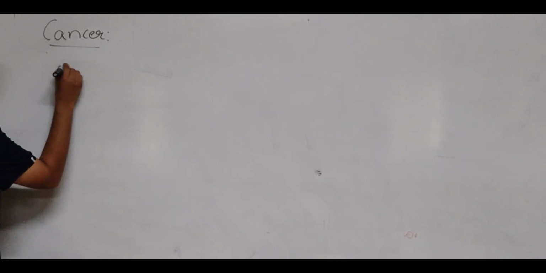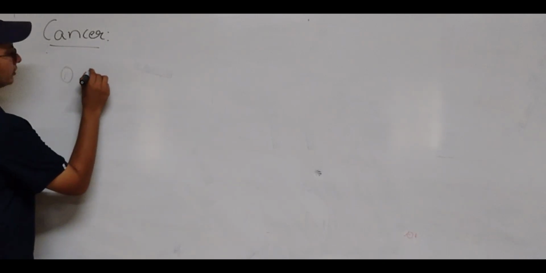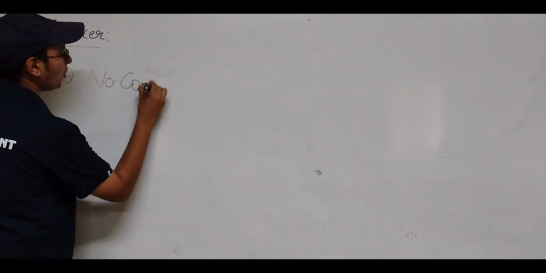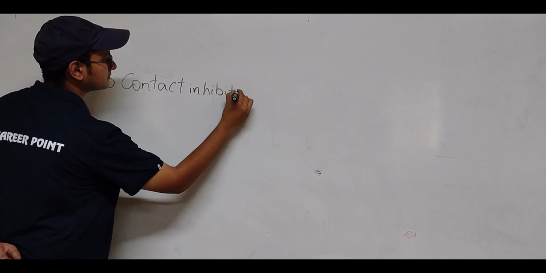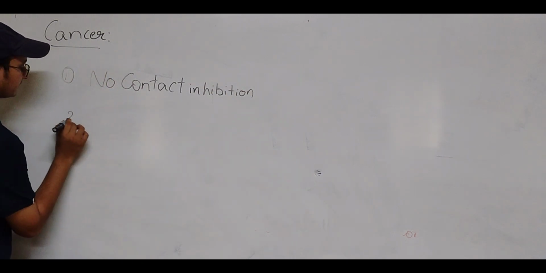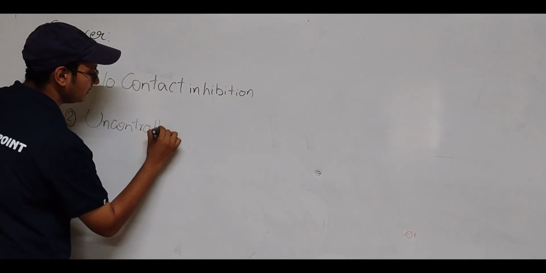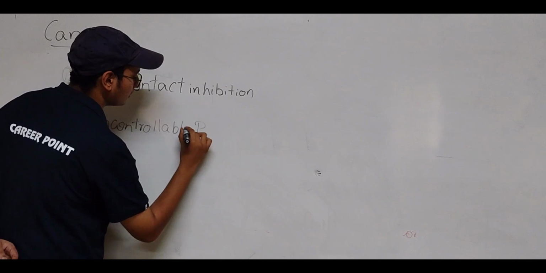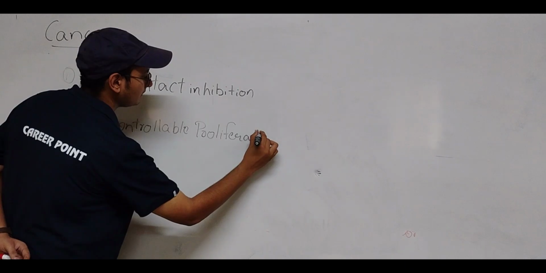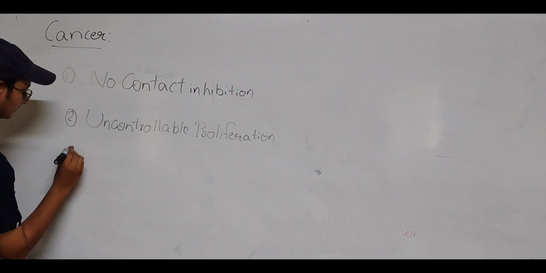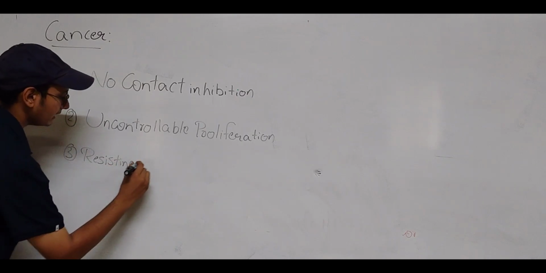Characteristics. The first characteristic is no contact inhibition. And the second one is uncontrollable proliferation. And the third one is resisting apoptosis.